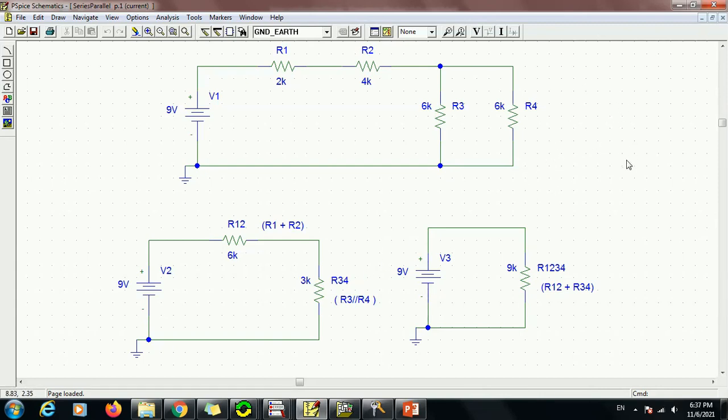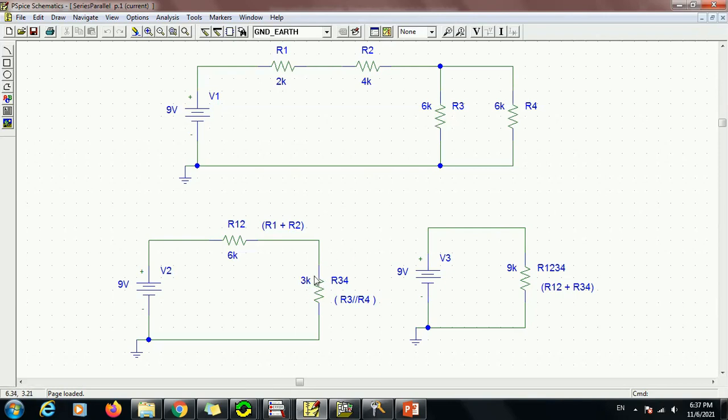And if the two resistors are equal, then the total resistance is just the value of one of the resistors divided by the number of resistors that we have. So if this is 6 kilo ohms and we have 2, then 6 divided by 2 is 3 kilo ohms.